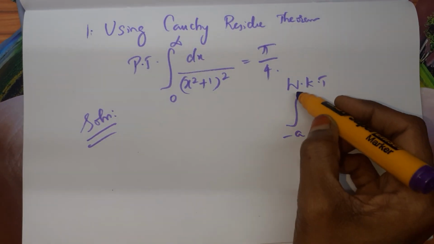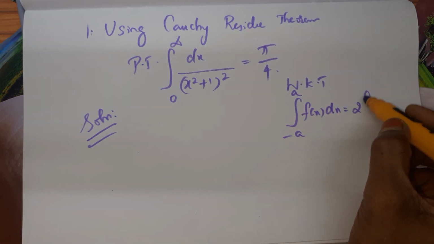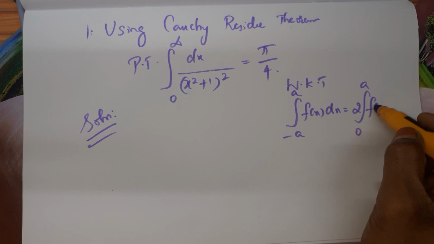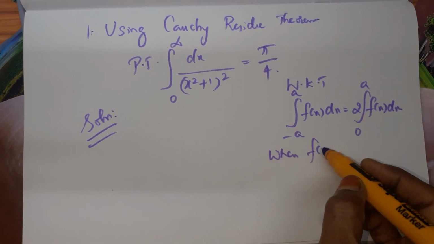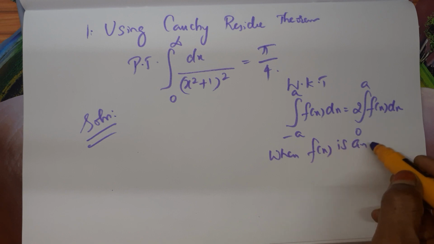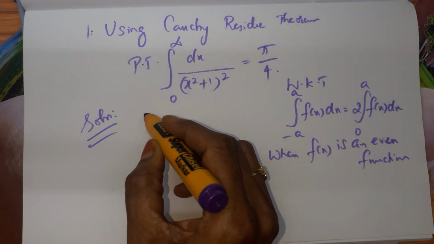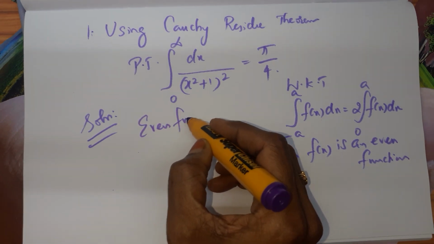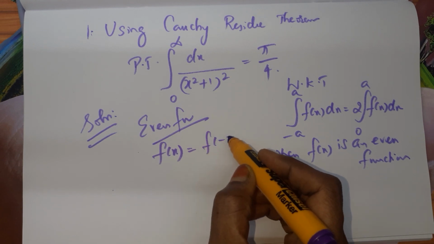integral minus a to plus a f of x dx is equal to twice integral 0 to a f of x dx when f of x is an even function. What do you mean by an even function? A function is even when f of x is equal to f of minus x.